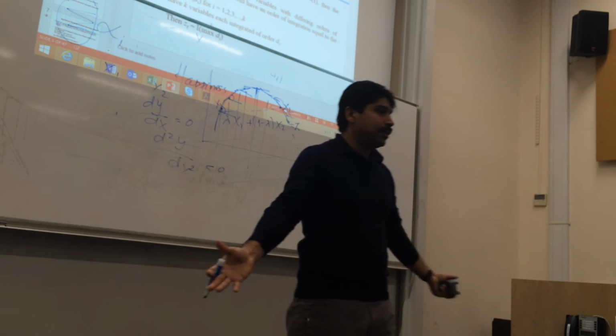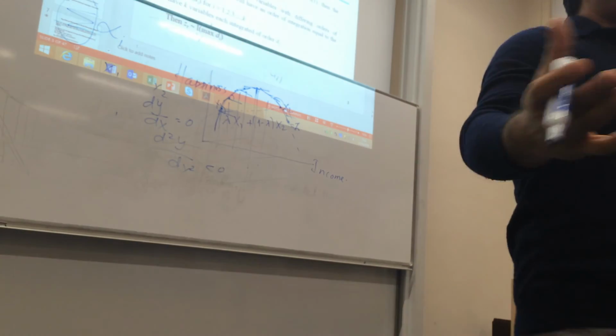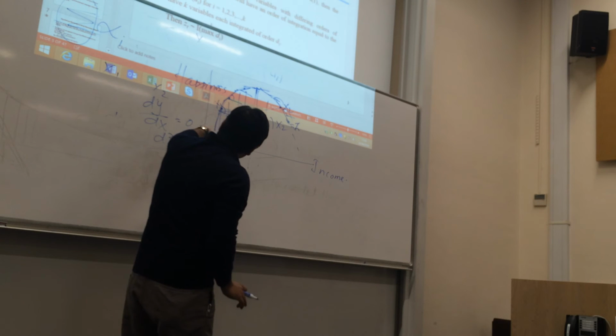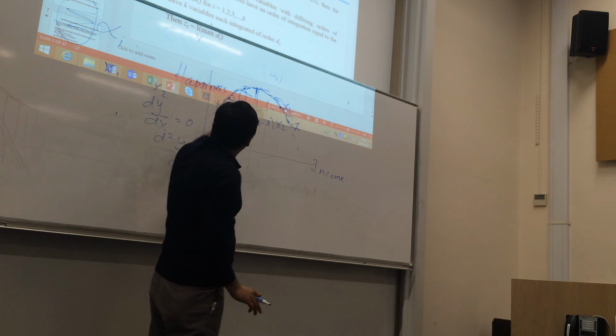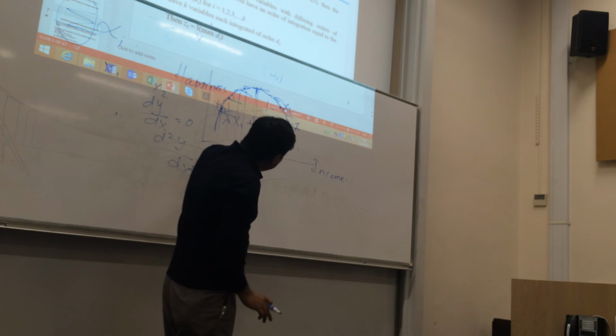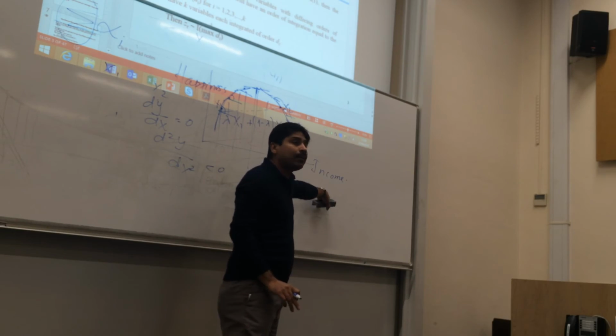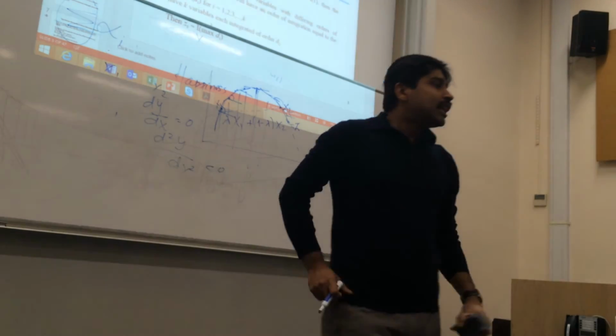That is the second derivative of a concave curve. Whenever a curve is concave, the second derivative, the rate of change of y, happiness, due to a small change in income, is negative. That means happiness increases at a decreasing rate as income rises.